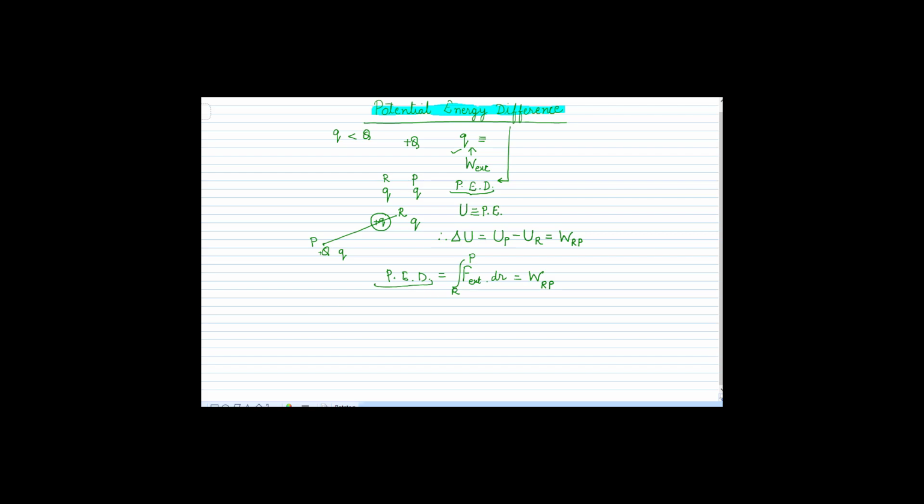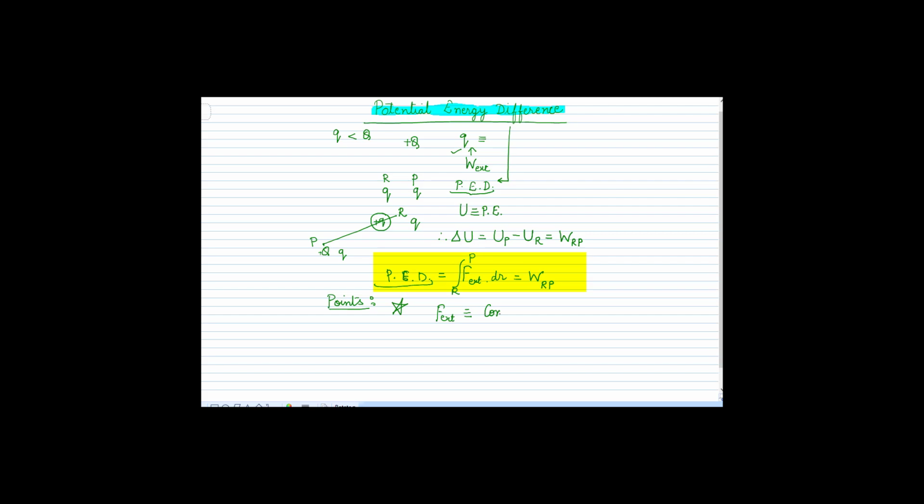Now, whenever we are calculating this potential energy difference, we have to consider certain points. What are these points? So, let us move to points we should always remember whenever we are calculating the potential energy difference. The first and the very important point is the external force which is acting is a conservative force. The force which is our external force, this F external we are applying. Which type of force is this?